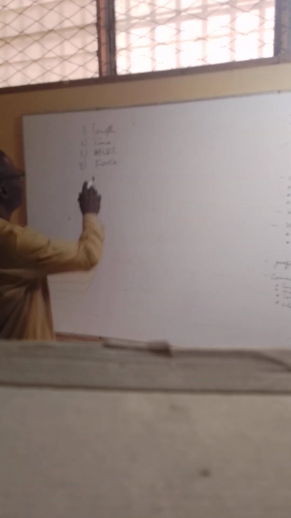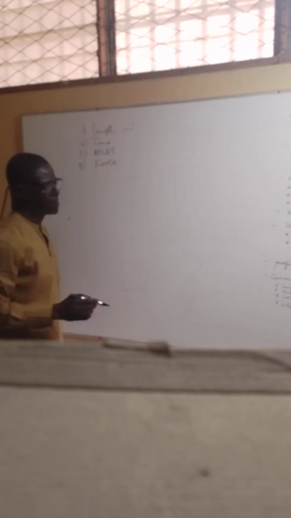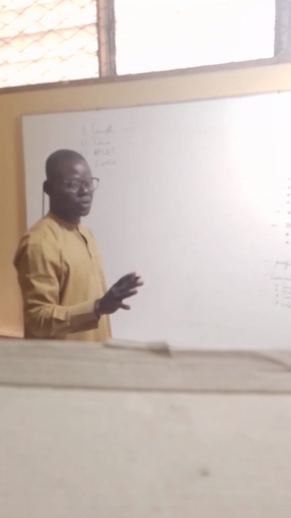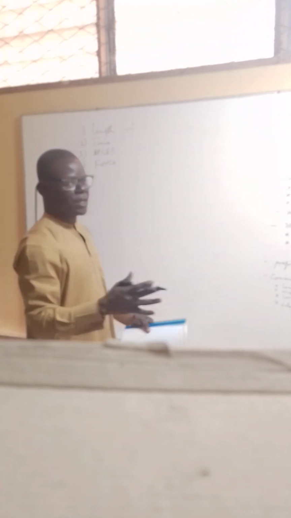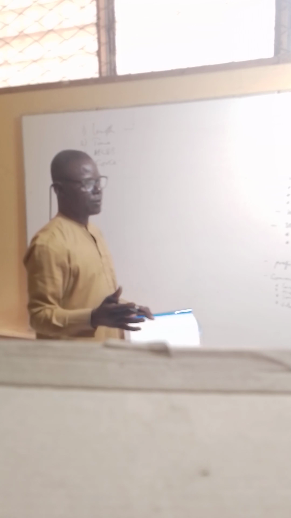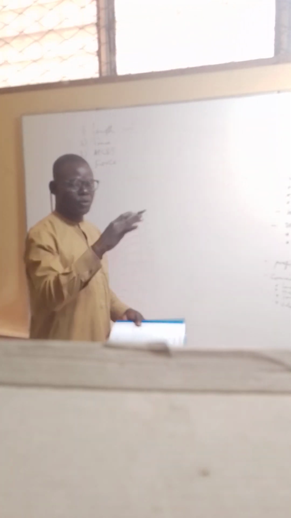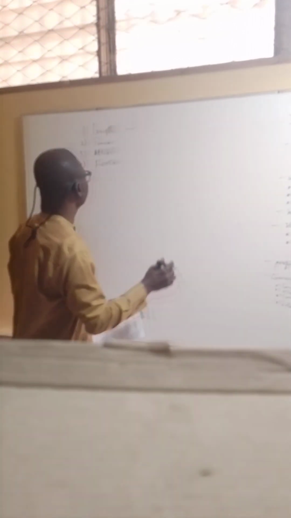What is length? It simply describes the position of an object, or it gives you the size of an object. It is used in measuring the location or position and the size of an object.